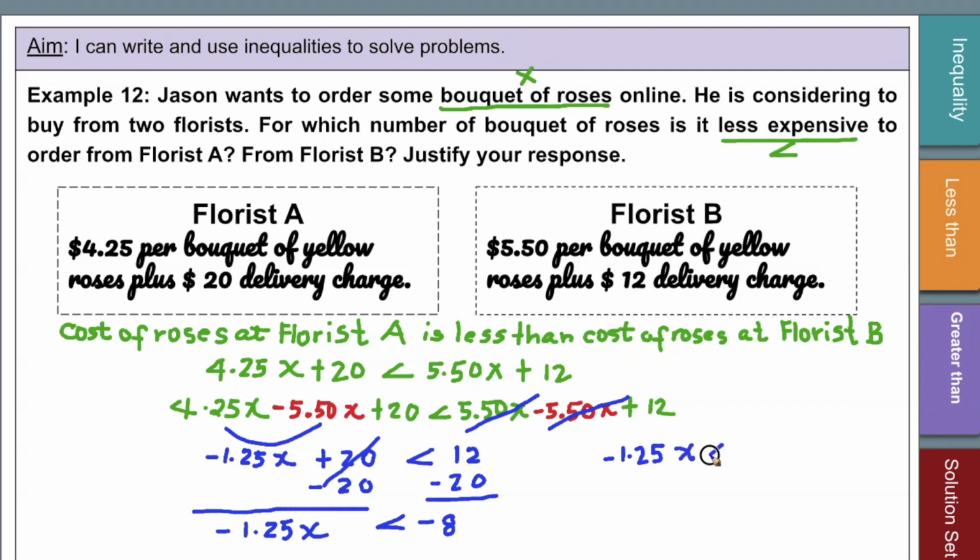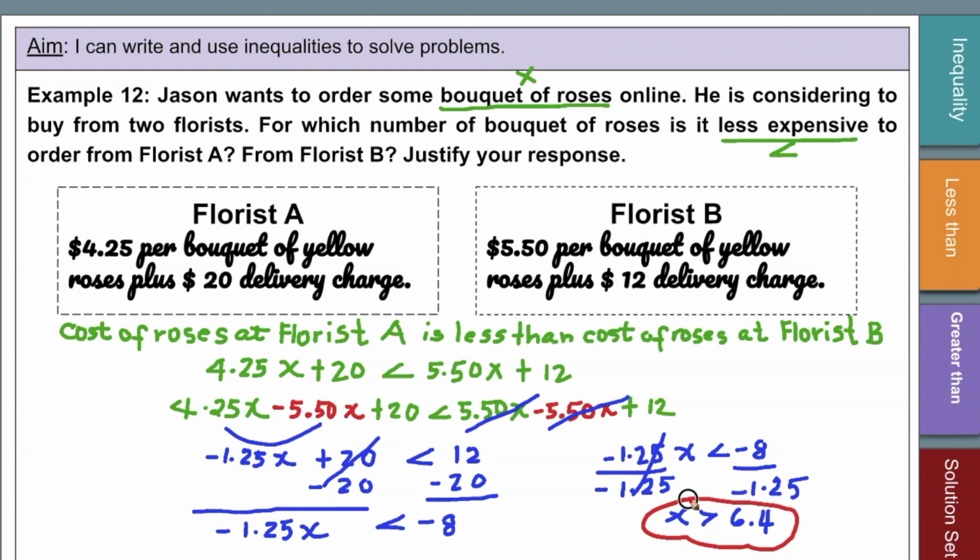Let's isolate x by dividing both sides with the coefficient of x, which is negative 1.25. This time, we are dividing with a negative number. So we're going to reverse the order of our inequality from less than to greater than. That should give us x is greater than 6.4 bouquet of yellow roses.